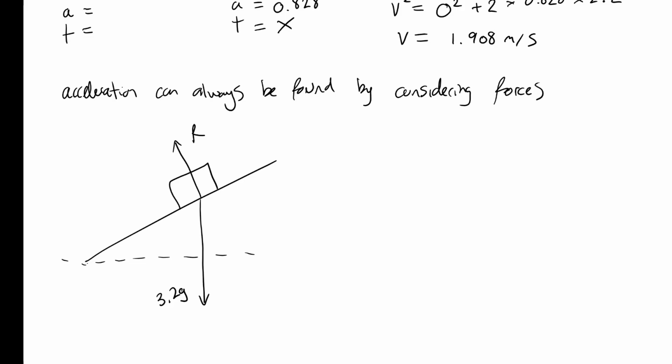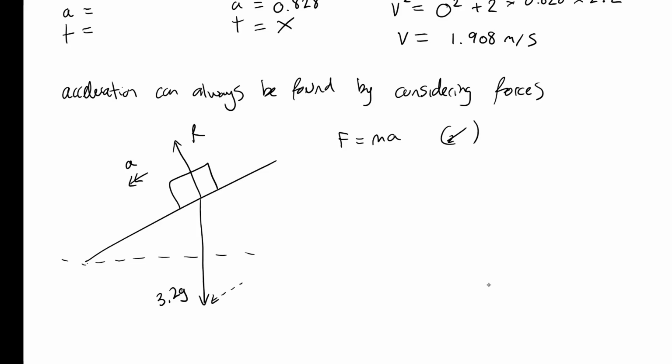If weight's the only thing acting on something on a slope, it's definitely going to end up accelerating down or decelerating up, so the same thing. So if we know acceleration is directed down the slope, we should resolve down the slope. R doesn't partake in that because R is perpendicular to that, so it has no effect.